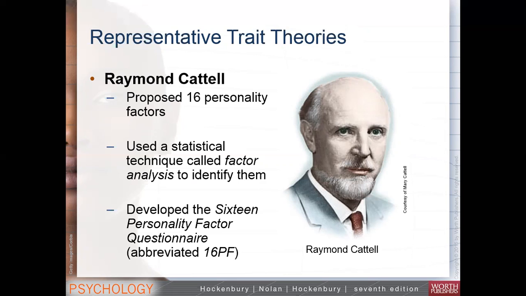Raymond Cattell's porridge is too much. It's too hot. People said 16 factors, way too many traits, way too many factors. So people said, no, I do not like the 16 factor theory because it's just too many. So Raymond Cattell really was one of those that they said, that's a great idea, but we don't believe that's true.